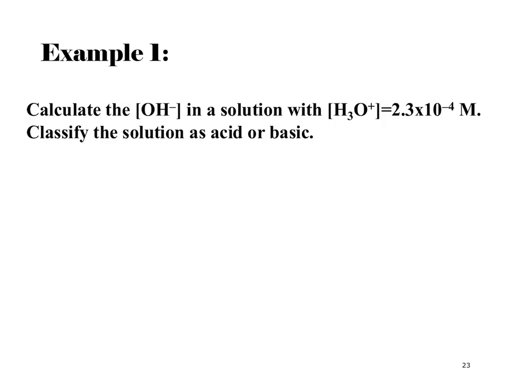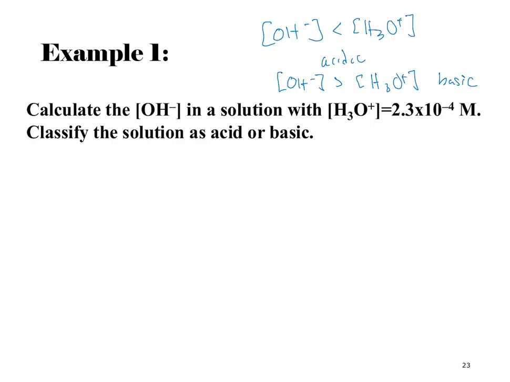OH negative would be to the power of 10. Somewhere around there, right? If OH minus concentration is less than H3O plus concentration, then we have an acidic solution, right? And if OH minus concentration is larger than H3O plus concentration, that's a basic solution, right?